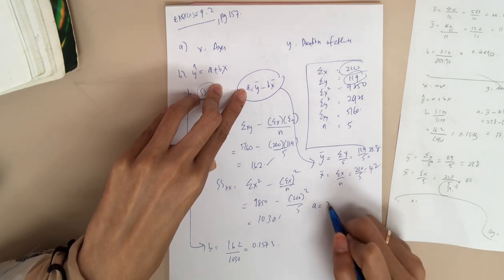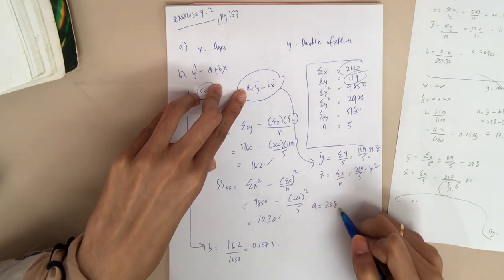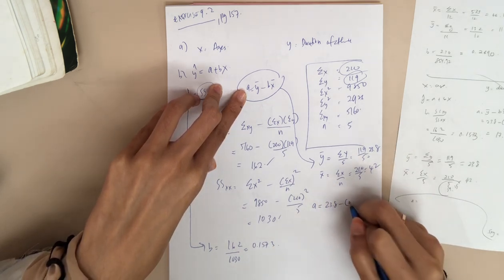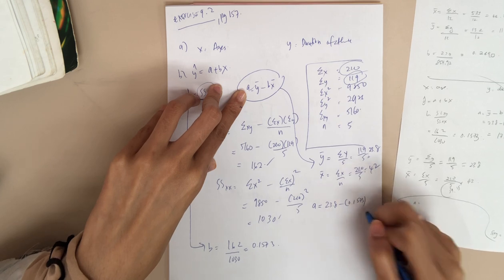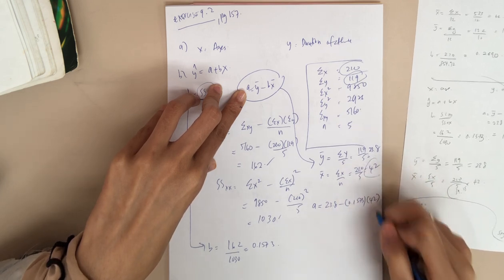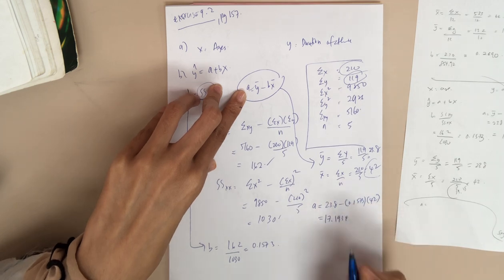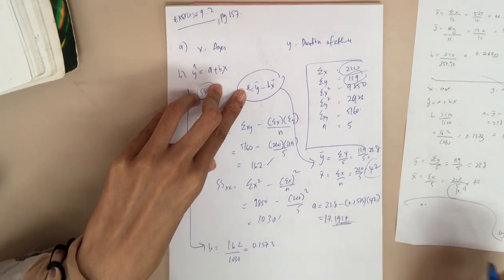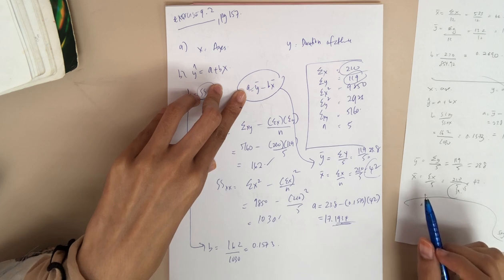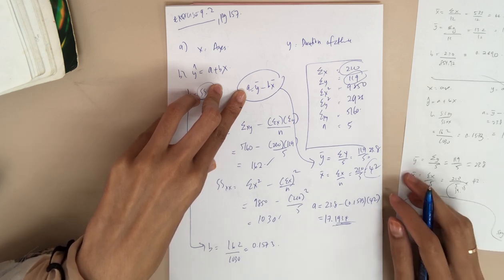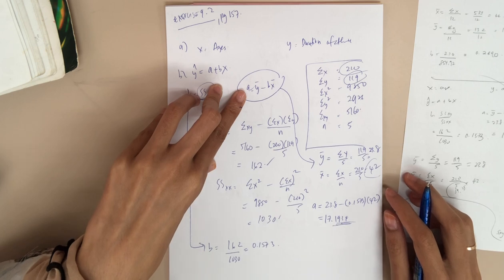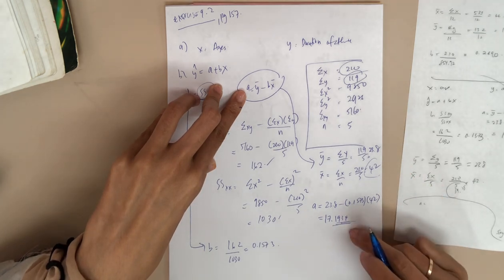Therefore, your A equation is given by this: 0.1573 times 42, which gives 17.1934. Maybe slightly different. If you take it directly from the calculator without rounding to 4 decimal points, it will be different from my answer.